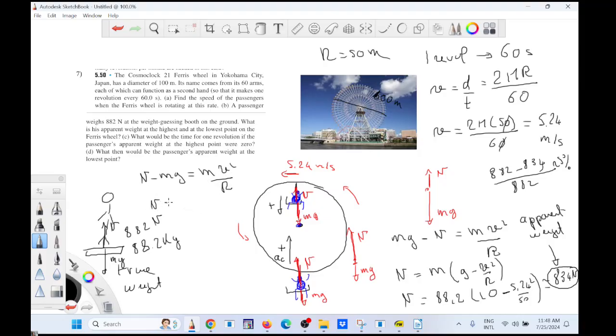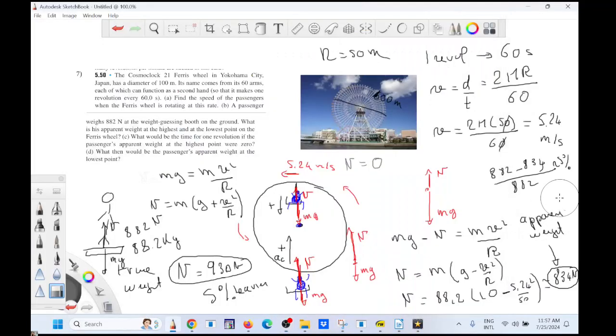So the apparent weight will be g plus v squared over r. That means that your weight has increased by a factor mv squared over r. So your new weight, if you plug it in, is about 930 Newton. So it will feel 5% heavier.